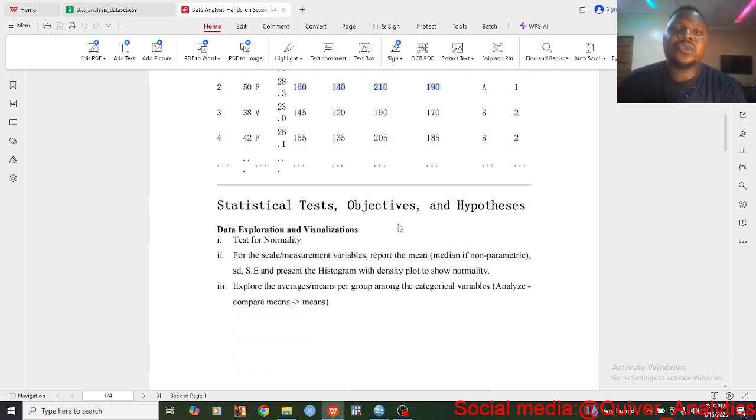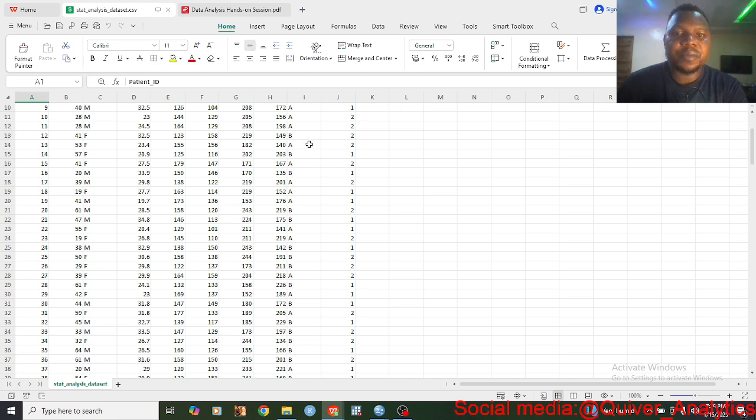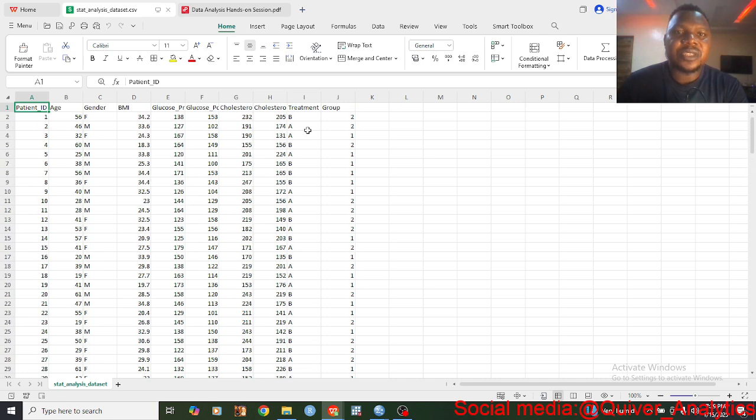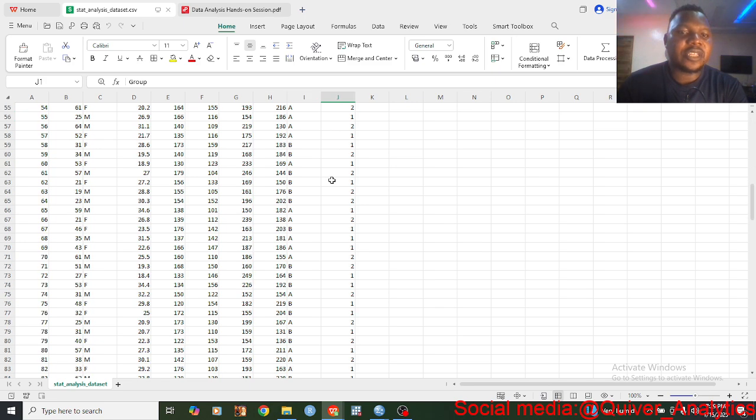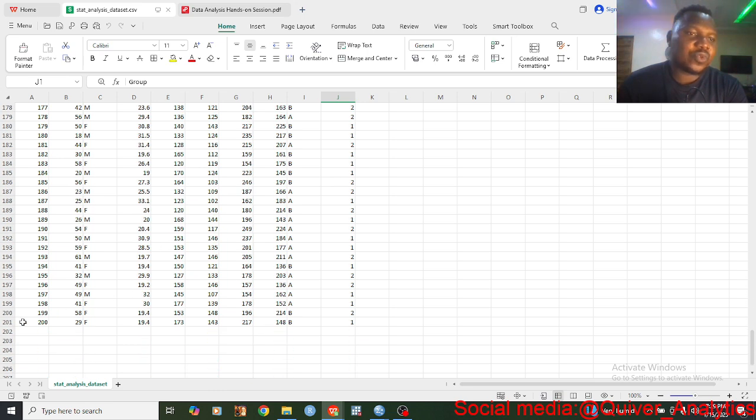Now let me show you the data in Excel format. You can see the age, the gender, the BMI, glucose pre, and all. And we have the treatments A and B, and the groups 1 and 2. In all, we have 201 rows.